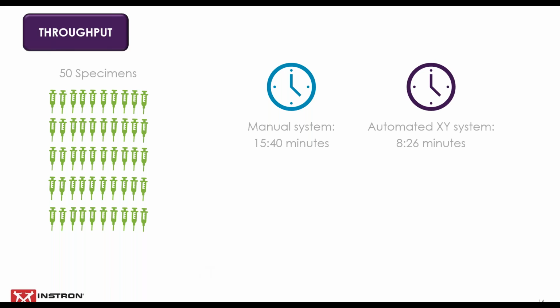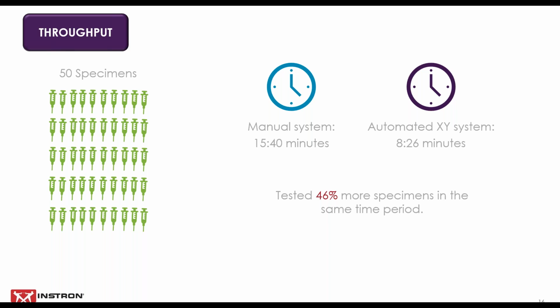Using the XY system, testing of the 50 specimens took about 8.5 minutes. The XY system allowed me to test 46% more specimens in a given time period. This extra time may make the difference when it comes to time to market, hitting engineering project milestones, or releasing a product for shipment.